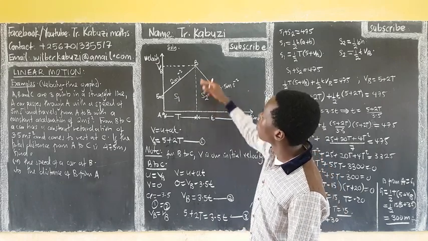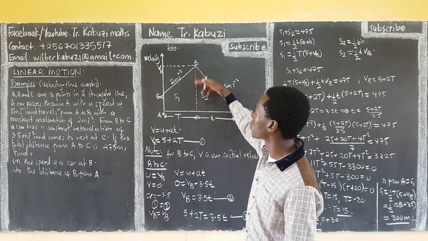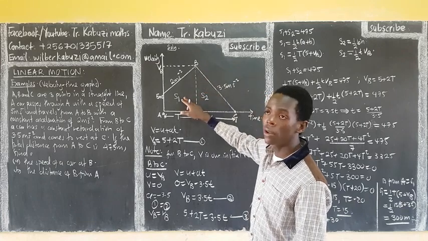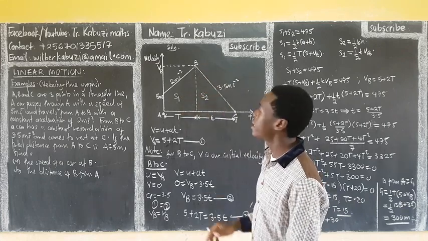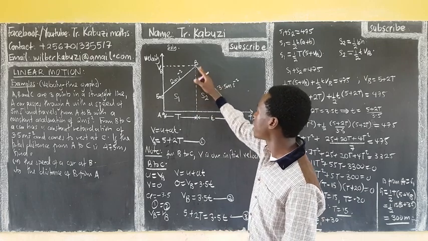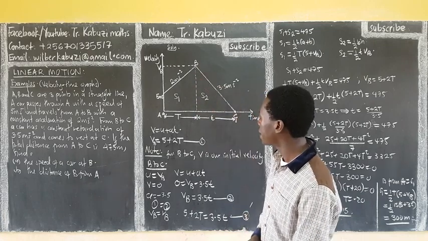I need to know what this VB is, because when I get the area of this triangle, it's going to act as my longest side and as the height. So what happens there?